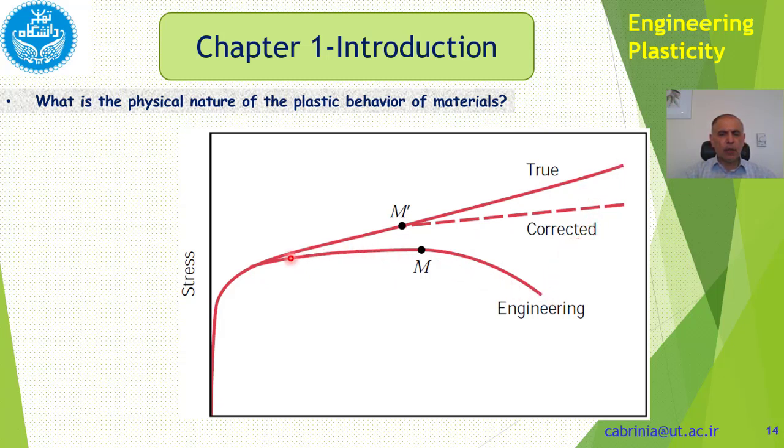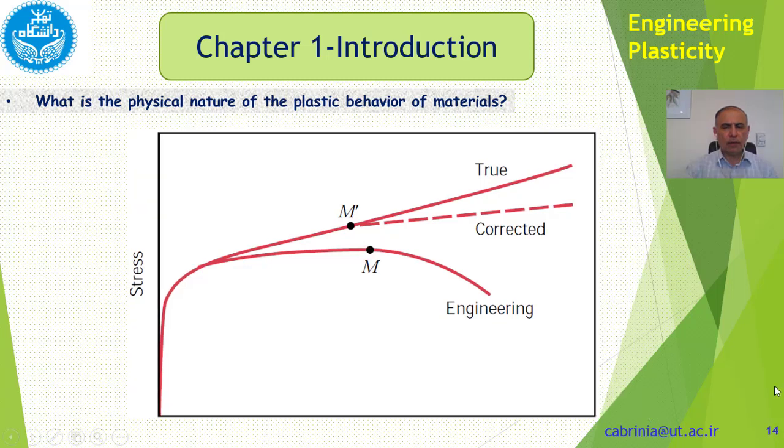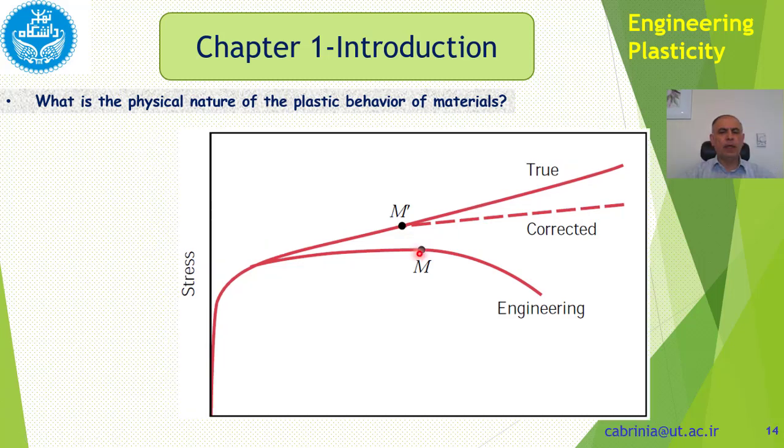Obviously, this one is an engineering curve, and the stress for the engineering curve is F divided by A0. In fact, the load divided by the original cross-sectional area. That's why we see the drop here.